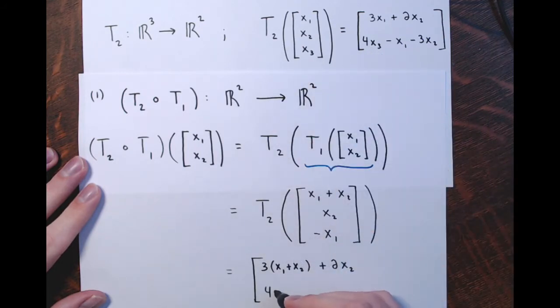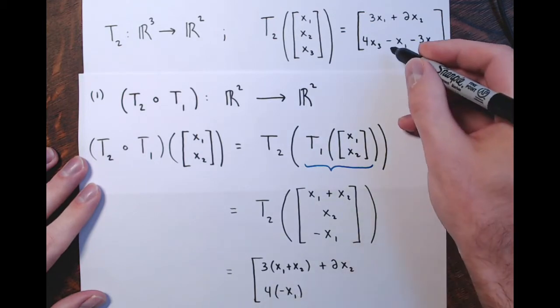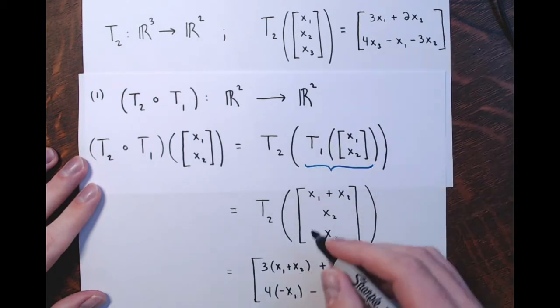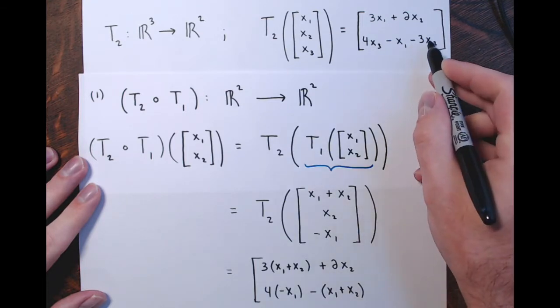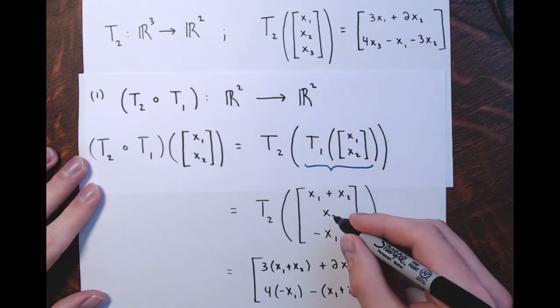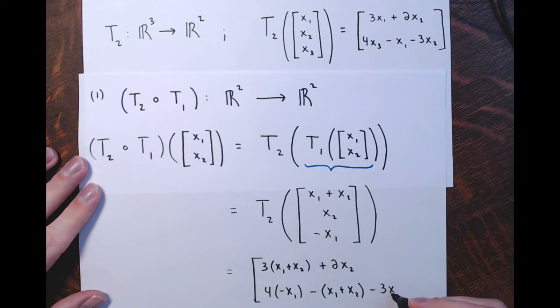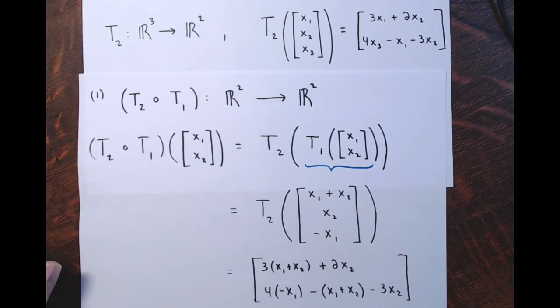So 4 times this negative x1, minus the first component. So minus this quantity x1 plus x2. And then finally minus 3 times the second component, which is still x2 here. There's the final output.